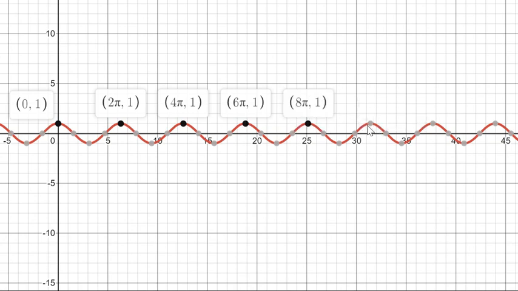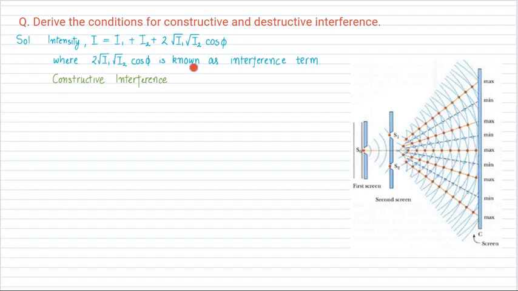Fine, so for all the even multiples, you will have the plus 1 value. Can you see all the even multiples of pi? Now, why are we so interested in the cos value 1? Look here. If cos is 1, the maximum value of cos is how much? 1.